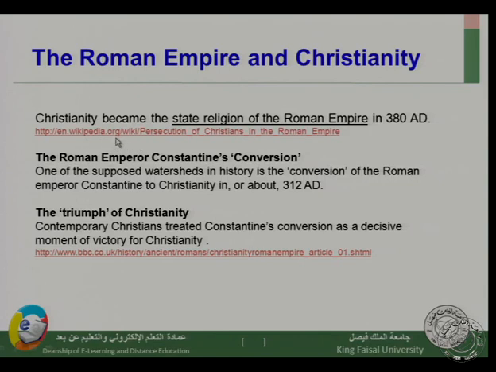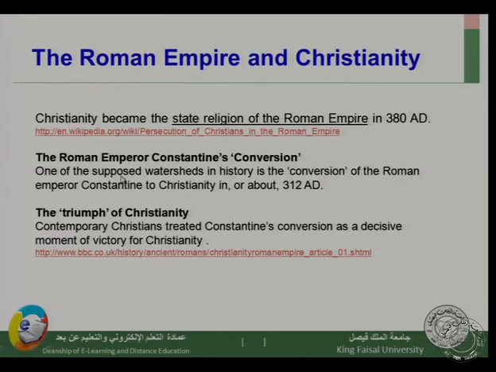According to that link, the Roman Emperor Constantine's conversion was a major event. Conversion means what? Turning from a pagan religion to Christianity. So Constantine was a pagan, and then he decided to convert to Christianity.